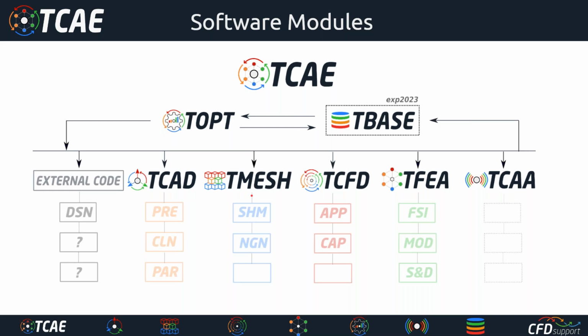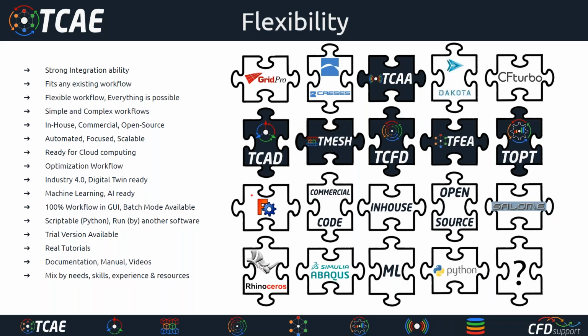We can discuss this more in detail a little bit later in the presentation. There are a couple of principles we follow. First of all, it's flexibility. So TCAE is flexible.